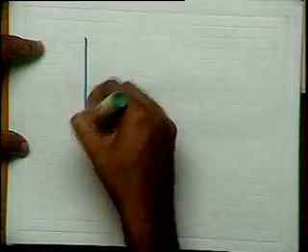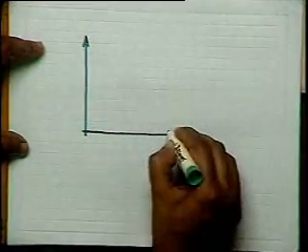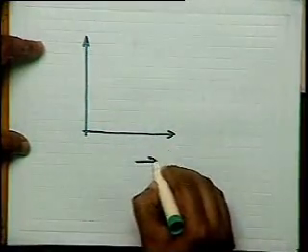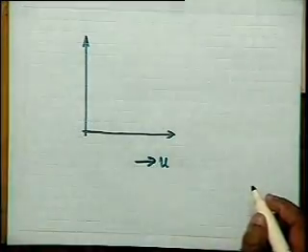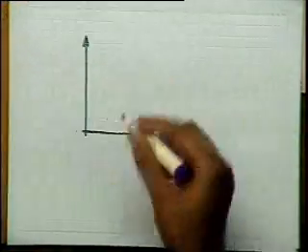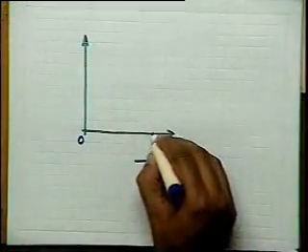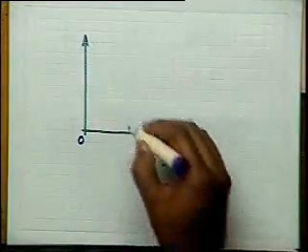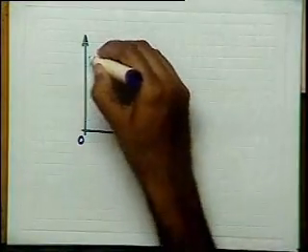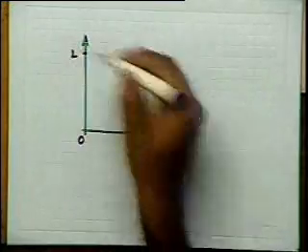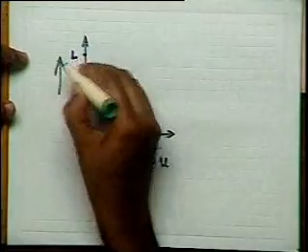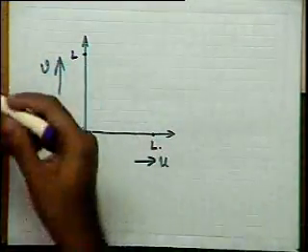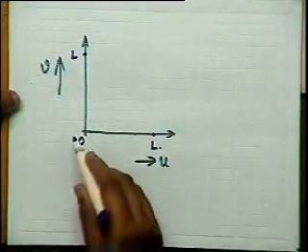So if I draw a graph like this, and on the x-axis I plot the values of U, U is going to be in the range of 0 to L, and V is also going to be in the range of 0 to L. This is the output V. Now this is the input and this is the output.